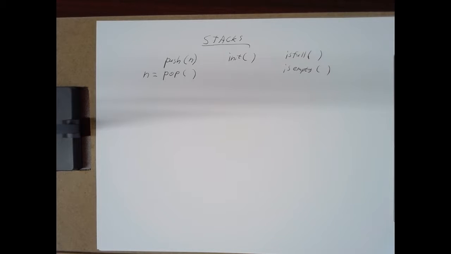That's an error condition. Is empty says, is the stack completely devoid of all objects? And if it is empty and we try to pop, that's an underflow. It's an error condition. So is full, is empty tell us not to push and pop when we shouldn't. Init creates an empty stack, push stores something to the top of the stack, pop removes from the stack. Straightforward.